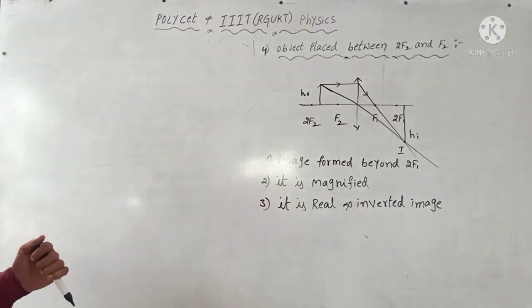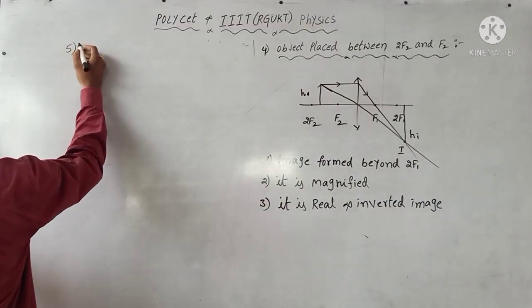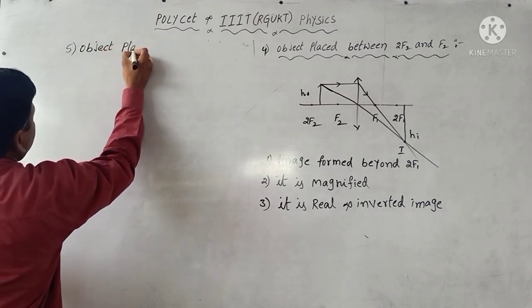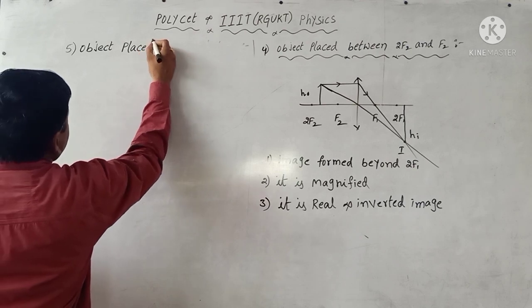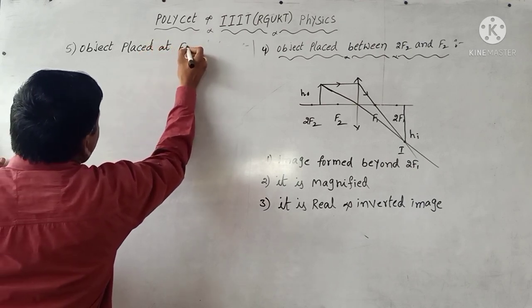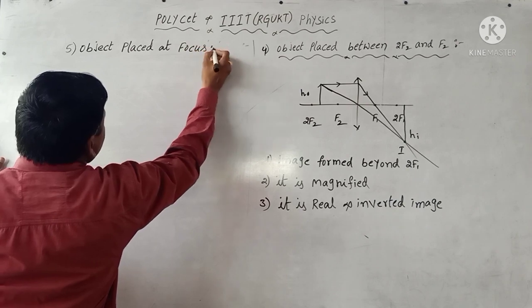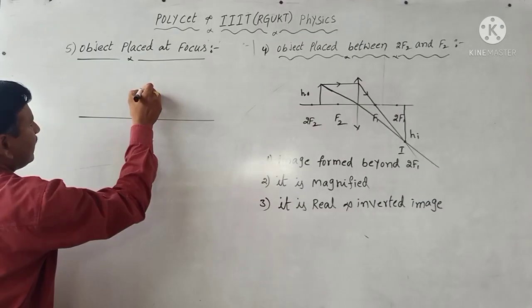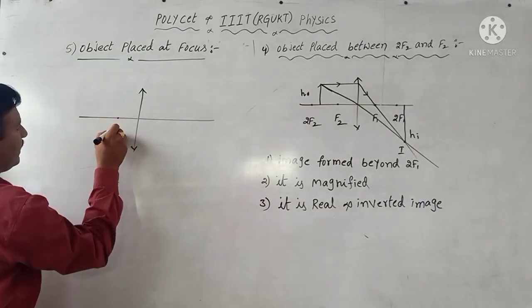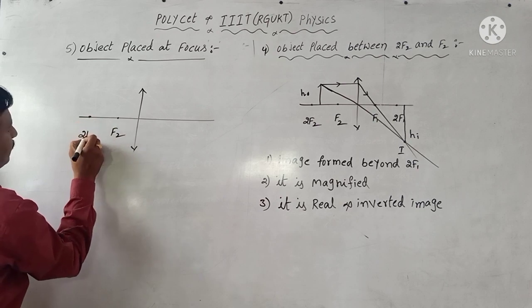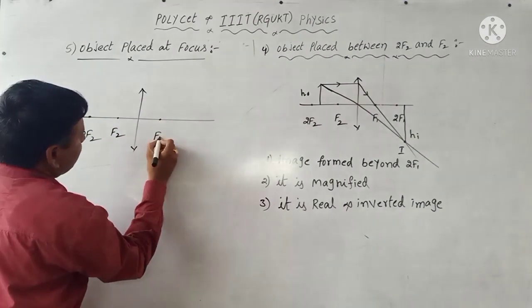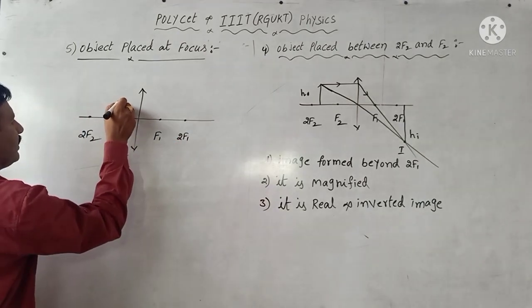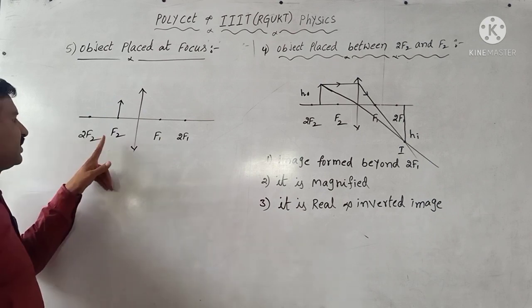Object placed at focus means we again take the convex lens: here f2, here 2f2, here f1 and here 2f1. The object is placed at focus.